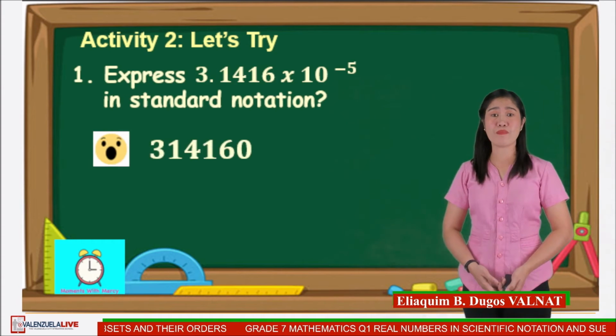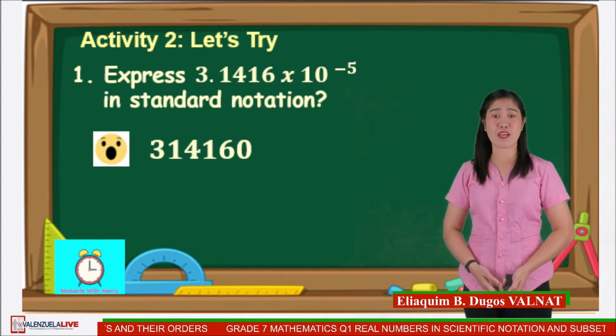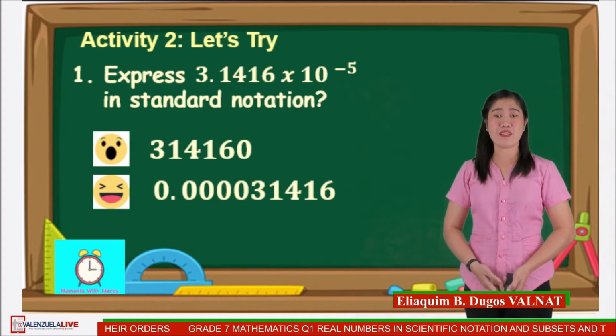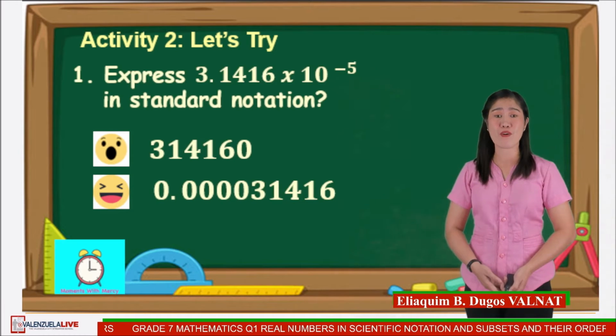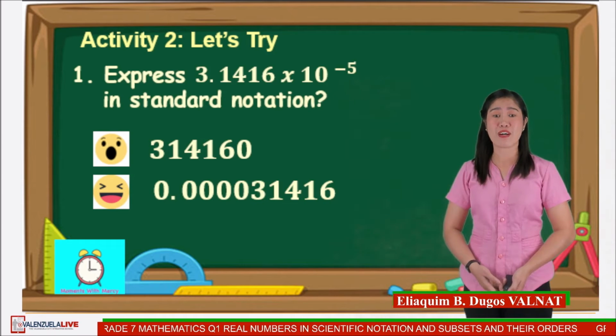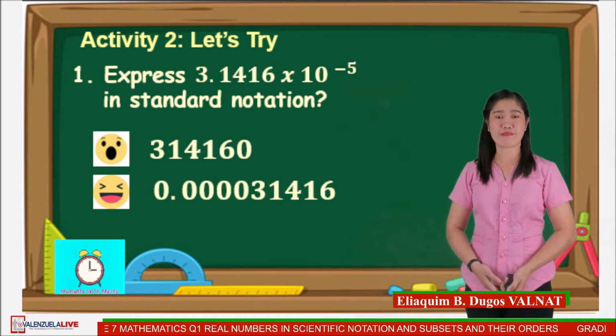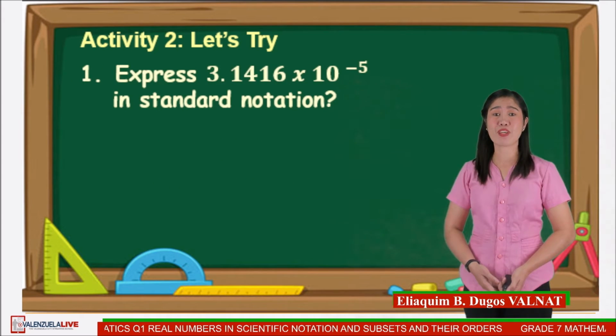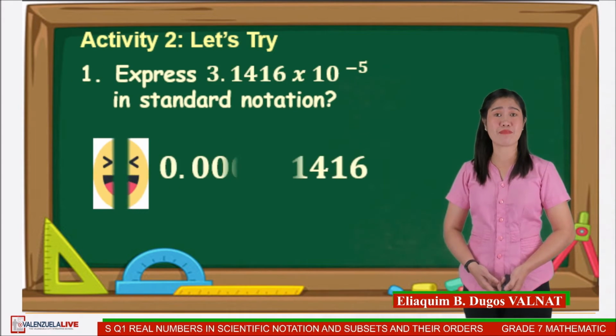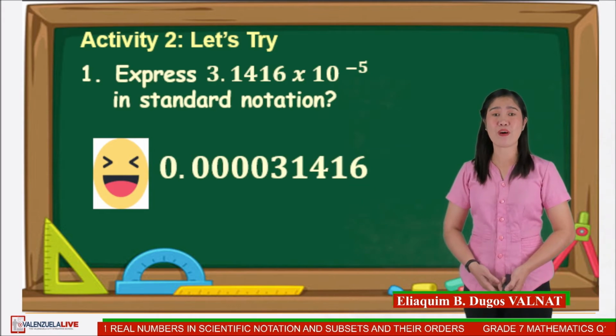Is it wow, 314,160, or haha, 0.000031416, or 31,416 billions? Your 5 seconds starts now. Time's up. If your choice is haha, you are right.